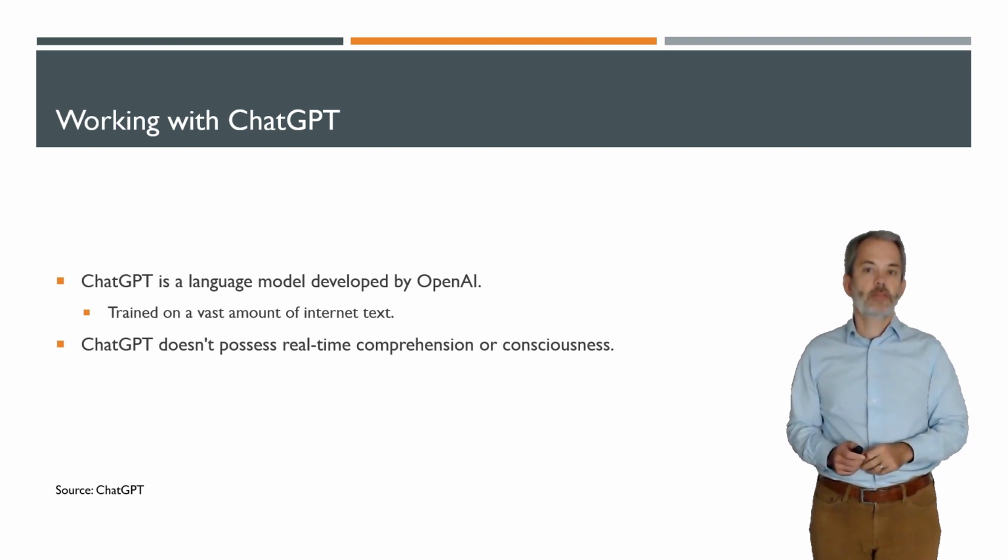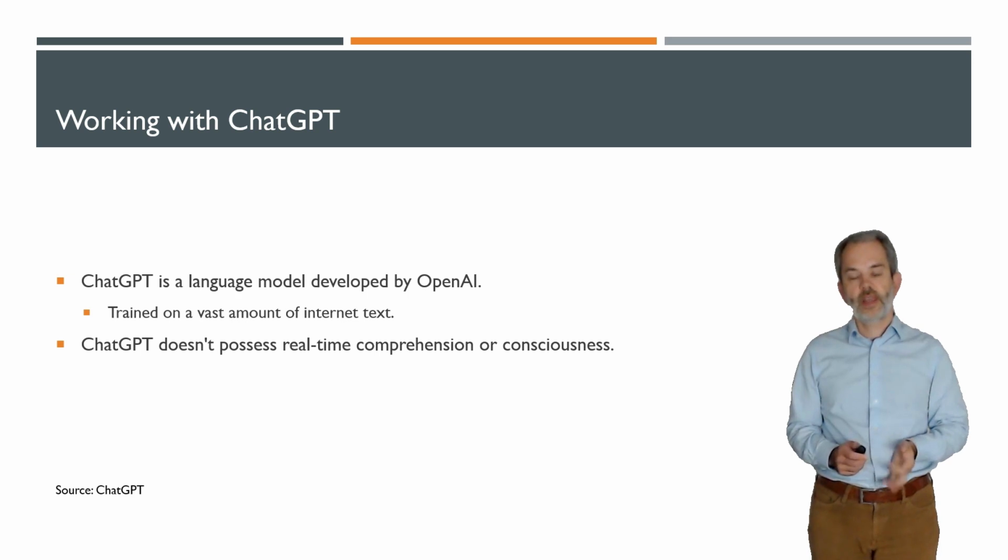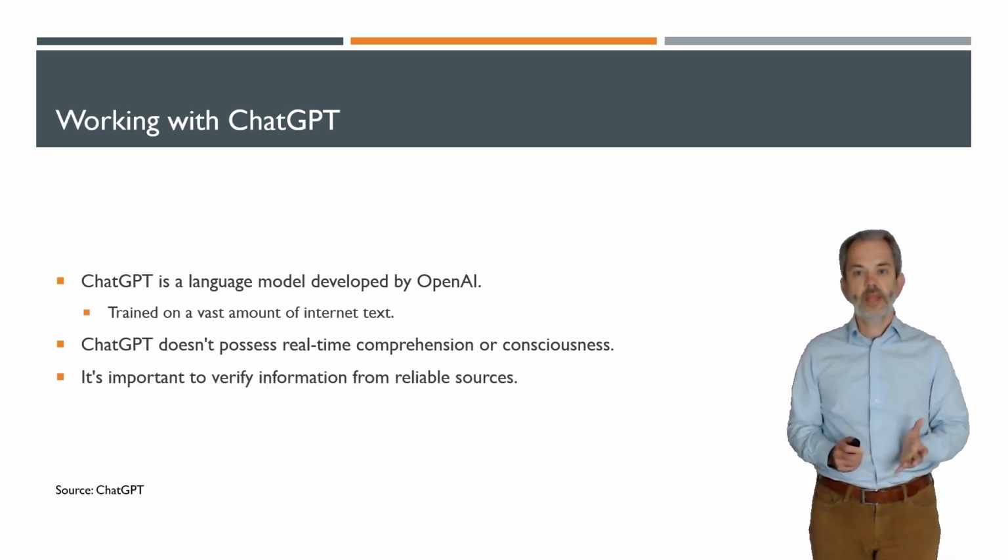Because it was trained at a specific point in time, ChatGPT does not know about current events, and in most versions is not connected to the internet. And at the end of the day, you, as a user, are responsible for the output from ChatGPT. So it's your job to verify any information ChatGPT produces and to make sure that the end result of ChatGPT's content is in fact saying what you intended to say.